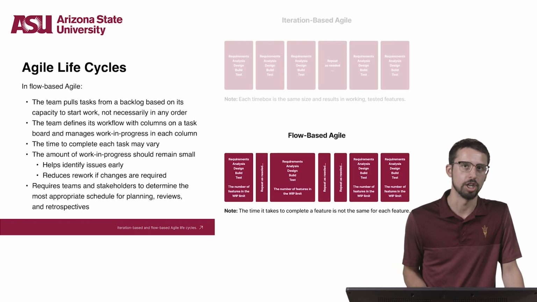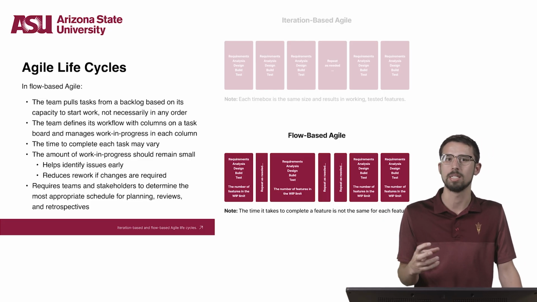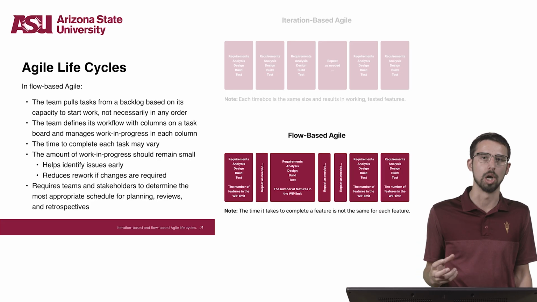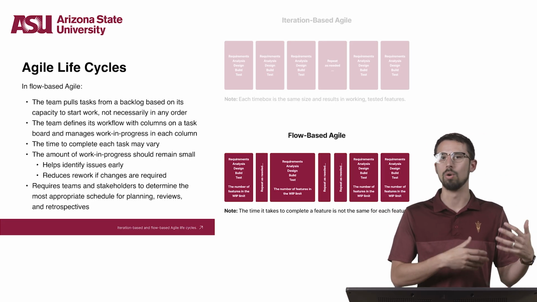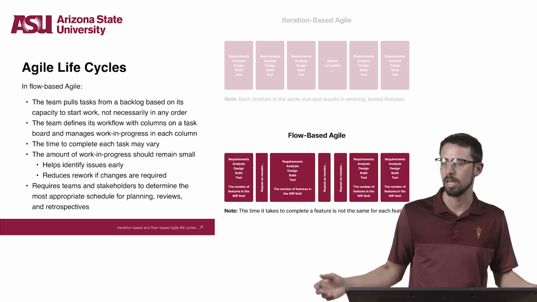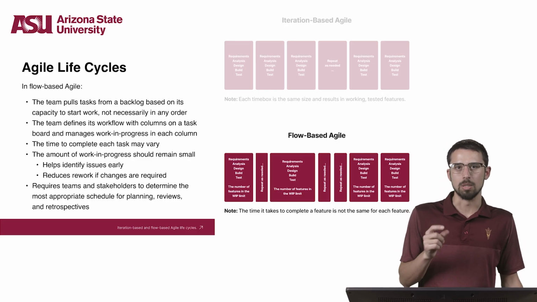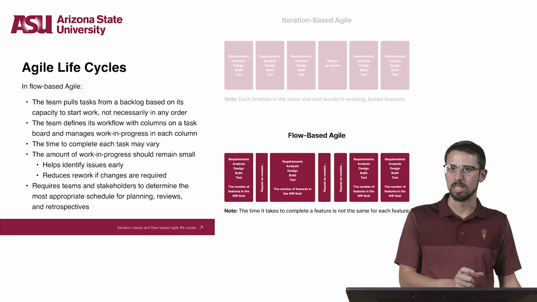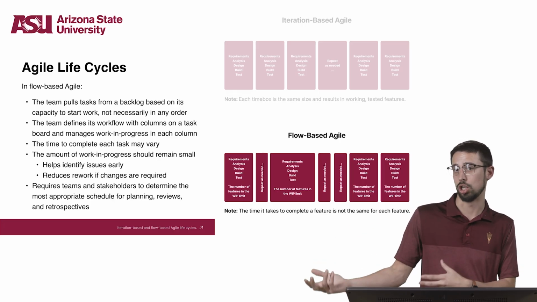In flow-based Agile, the team pulls tasks from a task backlog based on the team's capacity to start work, rather than working on a specific schedule or priority order, like in a more iteration-based Agile cycle. The team really defines its workflow with columns on a task board and manages the work in progress for each column.